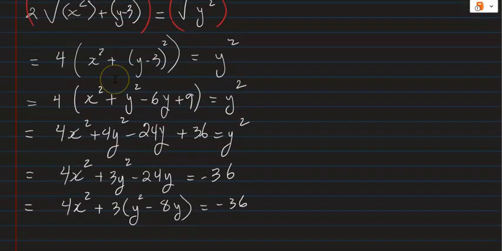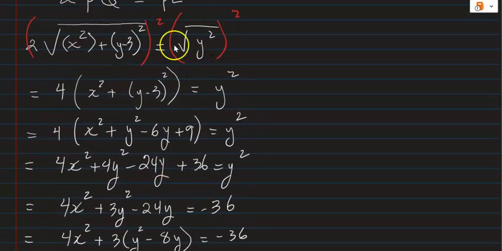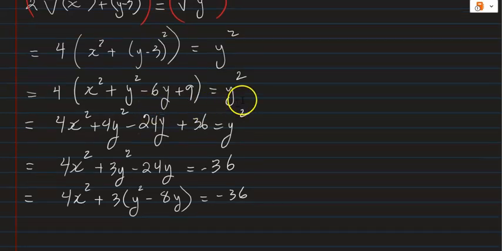Once we raise both sides to the power of 2, we get 4 times this bracket equal to y squared. We expand the middle term, (y minus 3) all squared, and that gives y squared minus 6y plus 9. That's a binomial expansion. The right-hand side stays at y squared.